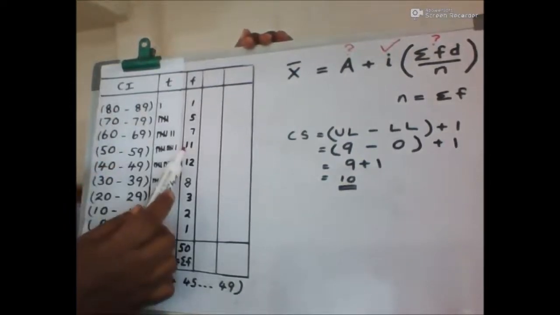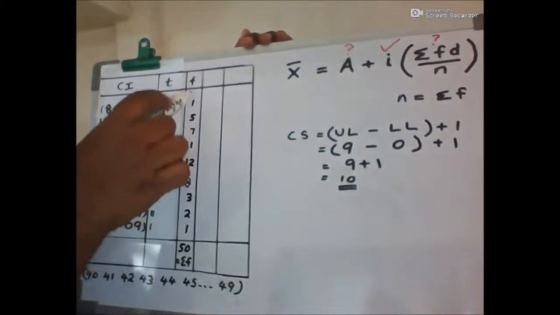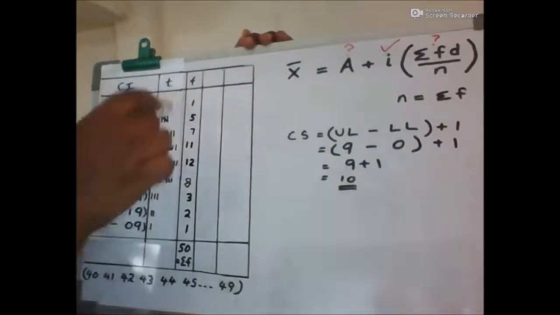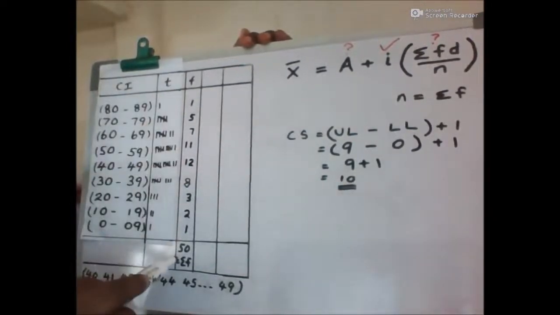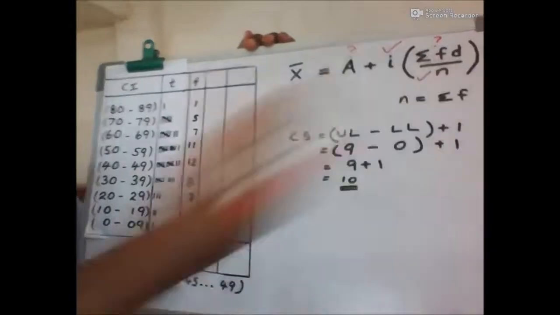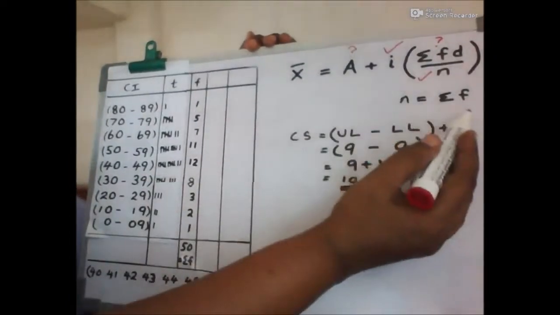There are 11 students who have scored marks between 50 and 59. So in these sections under frequency, you can find the students. The total of frequencies means the total number of students, N. So N also we know, right? It's 50. N equals summation F.